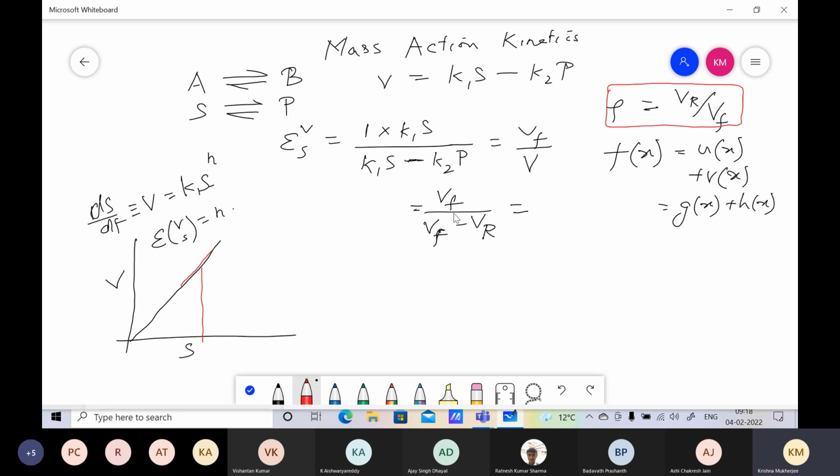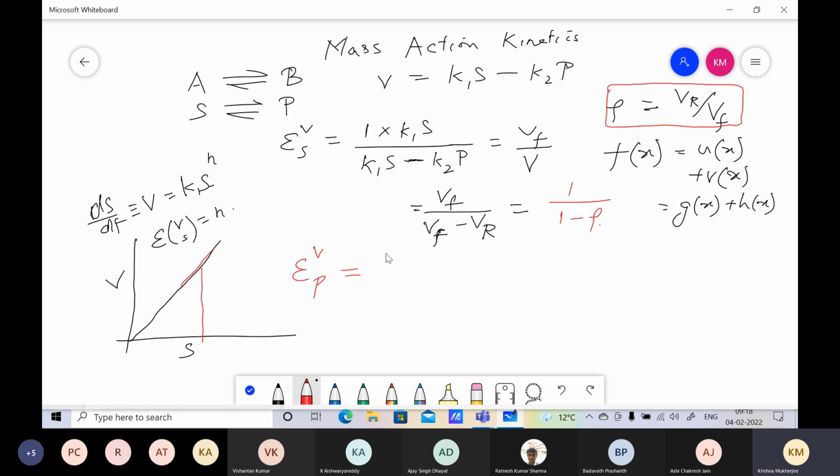Divide by VF and you get what? 1 upon, and divided by VF, what do you get? 1 minus rho. Okay, so 1 upon 1 minus rho, and what about E V by P? What is that equal to?